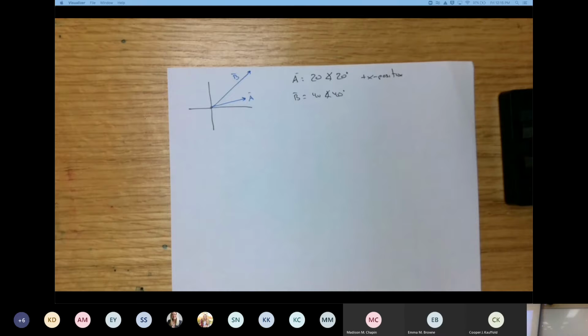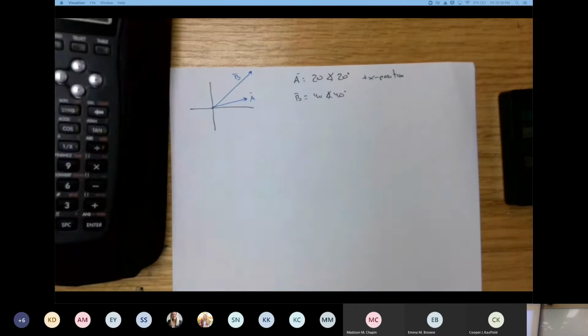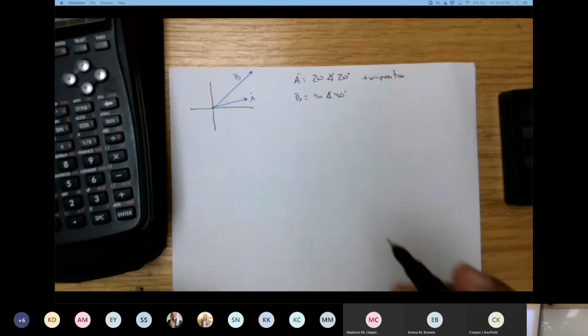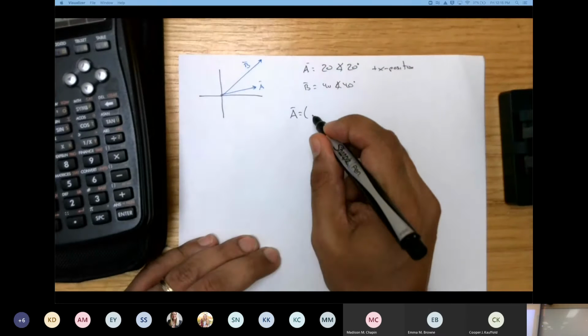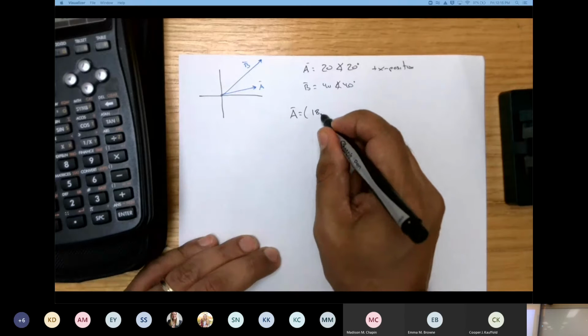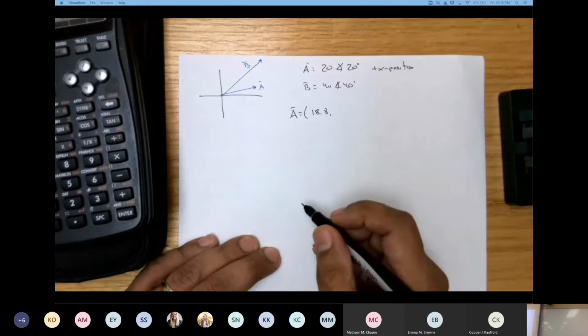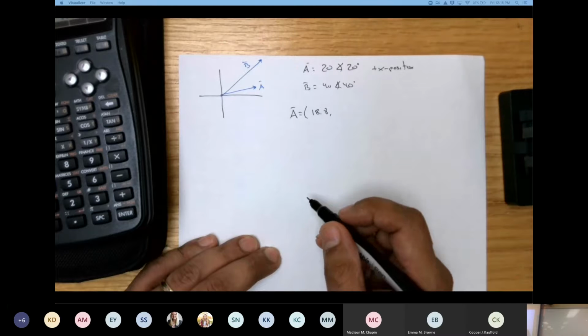Okay, Grace, are you done? So what you got for the x component of A? 18.8, and for the y component? 6.84. Okay.